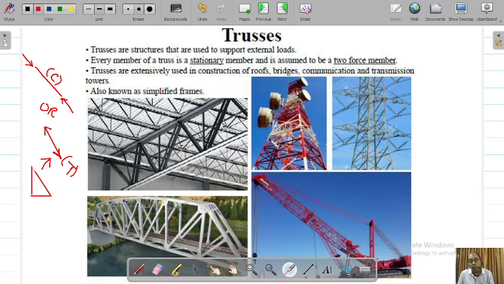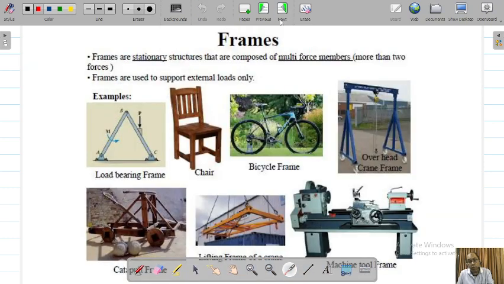These are telecommunication towers and electrical towers, which are all made up of trusses. Trusses are a very important member, and if you look around, you will see live examples all around.